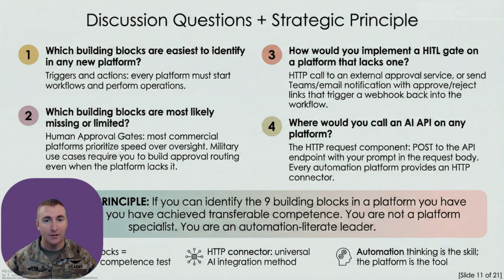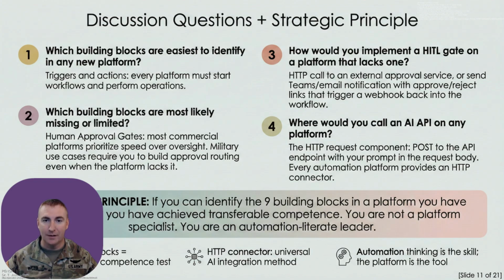Which building blocks are easiest to find? Triggers and actions. Every platform has them. Which are most likely missing? Human approval gates. Commercial platforms prioritize speed. Military use cases require oversight the vendor did not build for. Where do you call an AI API? The HTTP request component. Post to the endpoint.